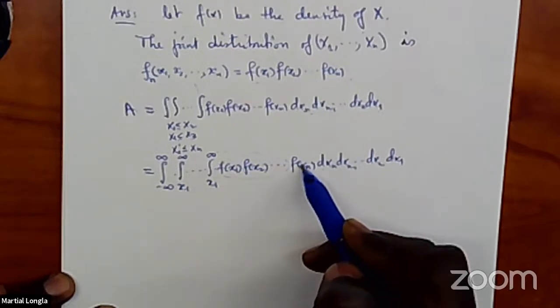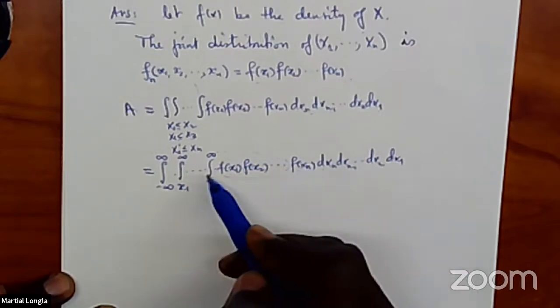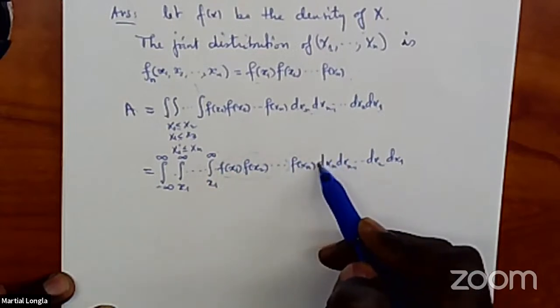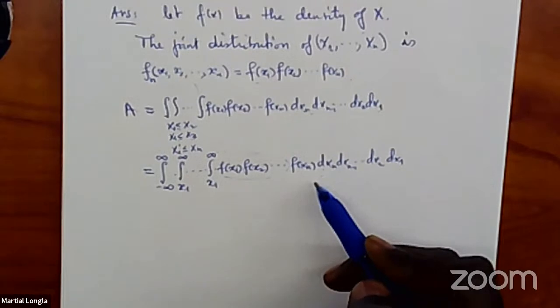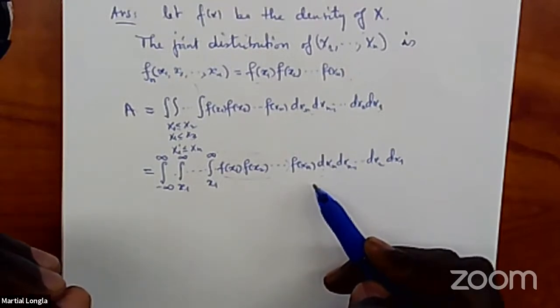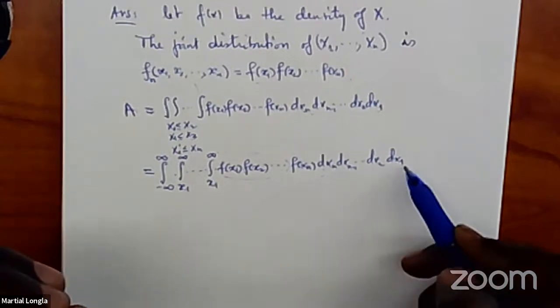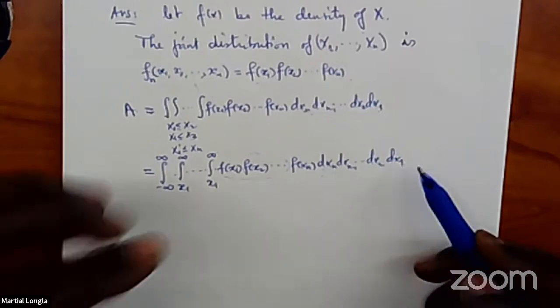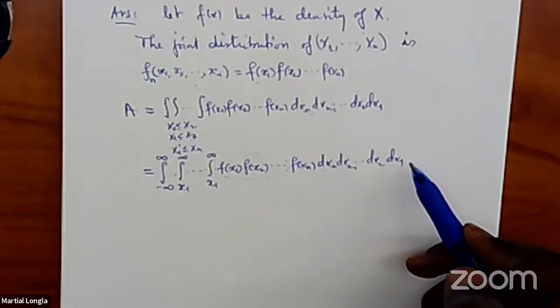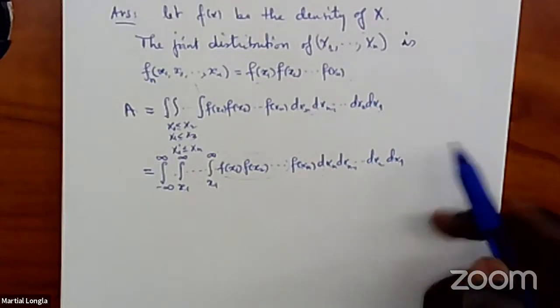The only thing that has xn is this one. So the integral can go all the way to that dxn, and it will be a constant for everything else except x1, so it will come out of all the integrals except the first one, right?